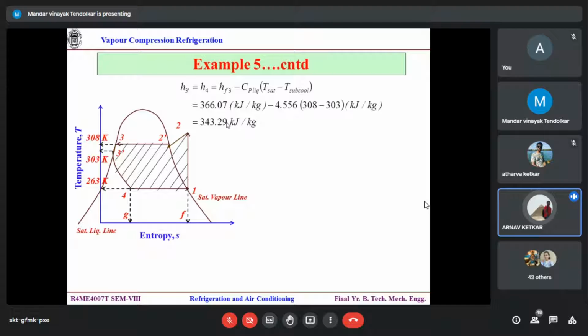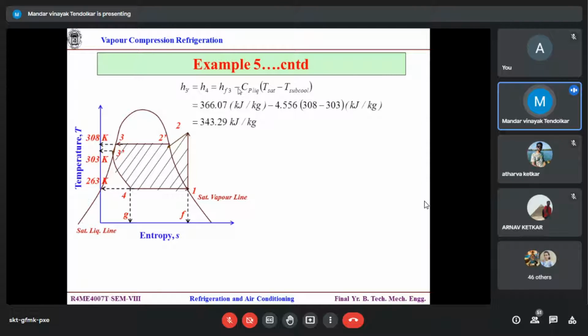Sir, why did we get minus Cp? Minus Cp nahi. This is minus, means H minus Cp delta T. You are reducing in terms of temperature, na? 308 to 303. So you are reducing it from 308. Okay. Cp delta T is to be reduced from the 308 value.